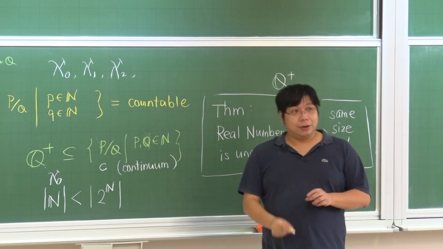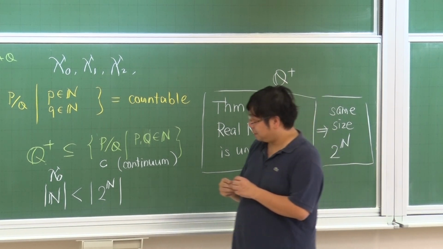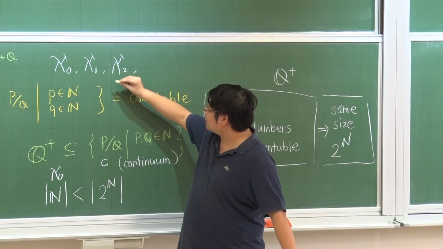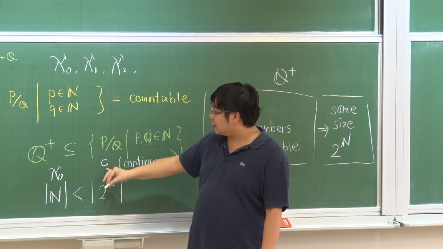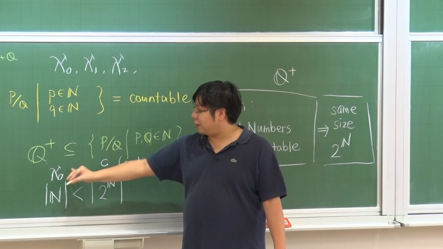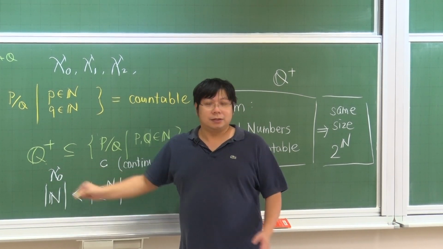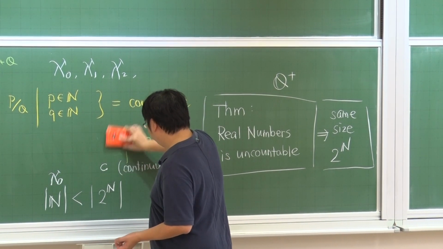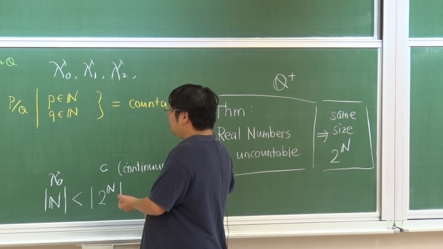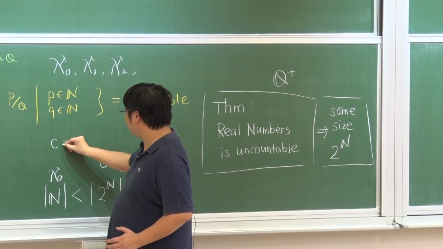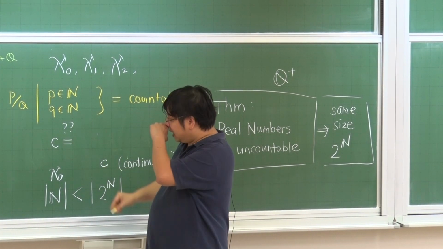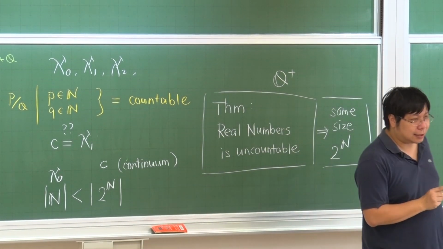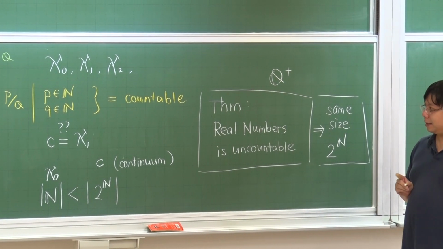Now, amazingly, so far nobody has found a set whose size is smaller than C and greater than aleph-0. So there is a hypothesis. The hypothesis says C is equal to aleph-1. So C is the next infinite concept greater than aleph-0.